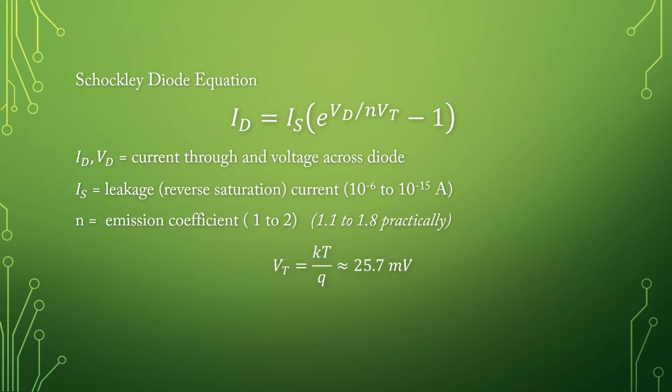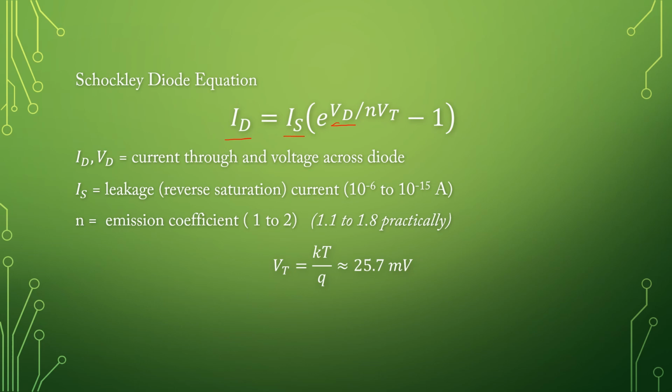The Shockley diode equation is given by ID equals Is times e to the power Vd by n Vt, minus 1, where ID is the current through the diode and Vd is the voltage across the diode.